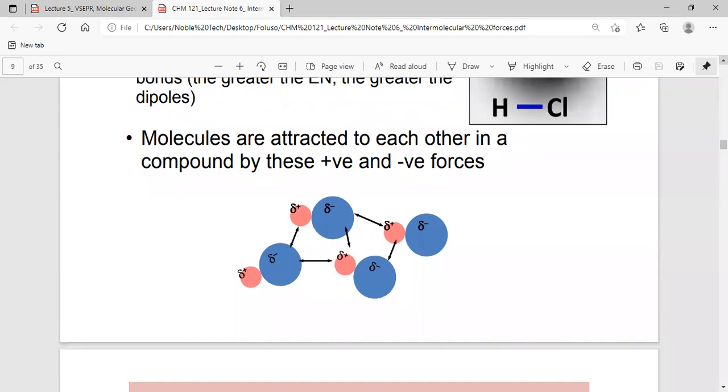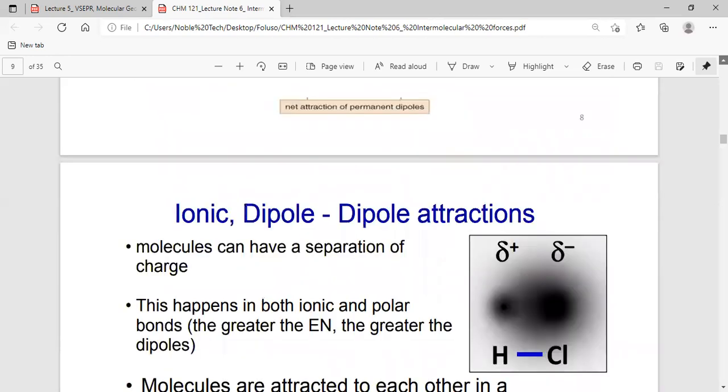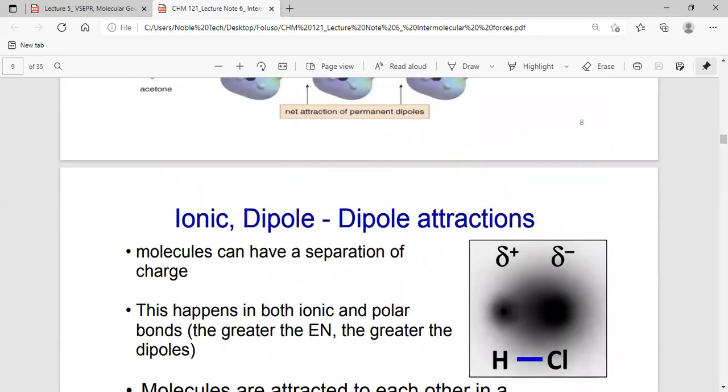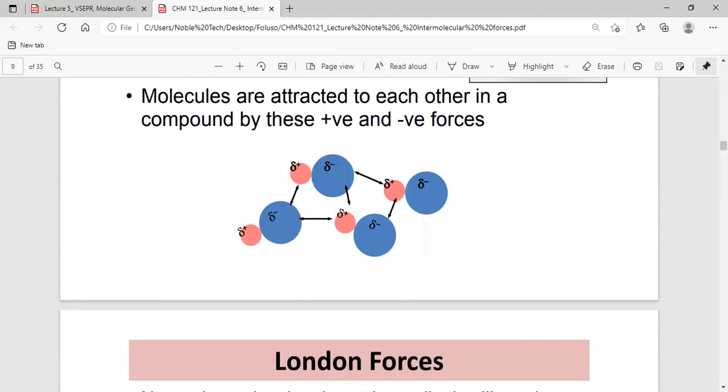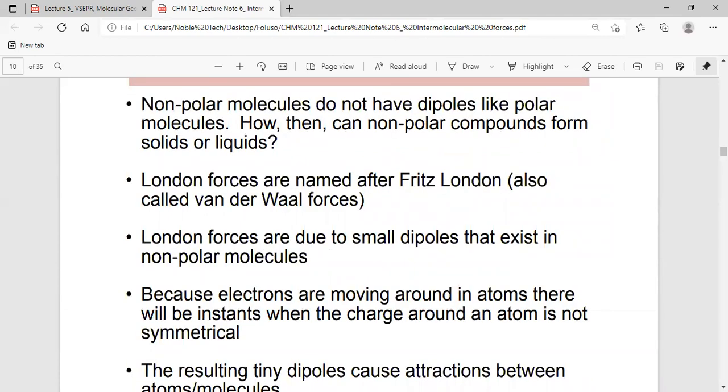So molecules are attracted to each other in a compound by these positive and negative charges. So you have what we call ionic-dipole attraction. Then there is a London dispersion force.